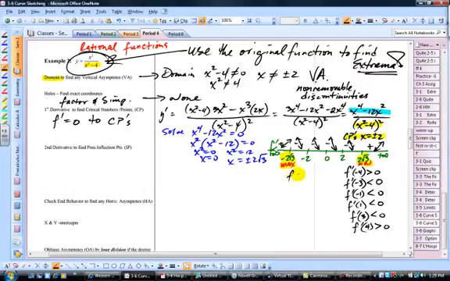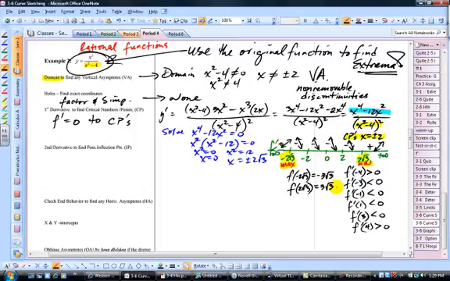Okay, so I need to find f of negative 2 root 3. I substitute into the function there. And when you evaluate it and simplify it, you're going to get negative 3 root 3. You can do the arithmetic there. And when you substitute in positive 2 root 3, and you simplify it, you get 3 root 3.